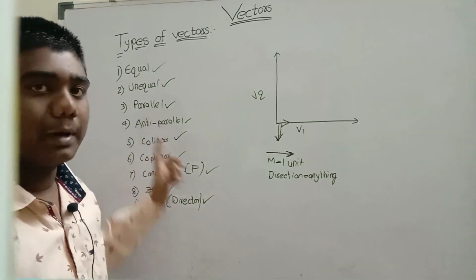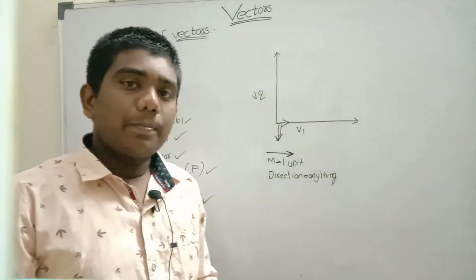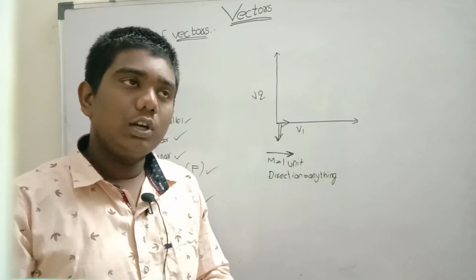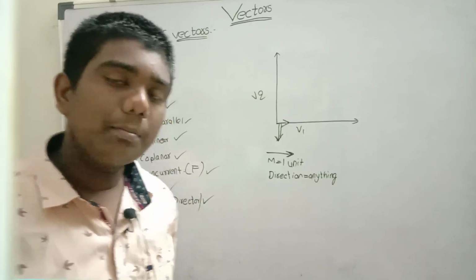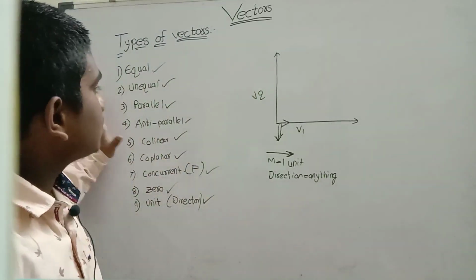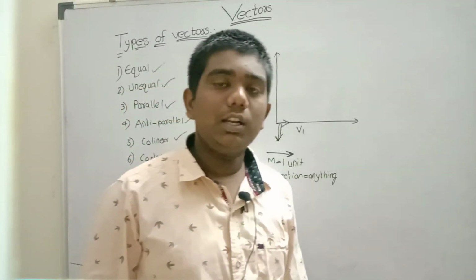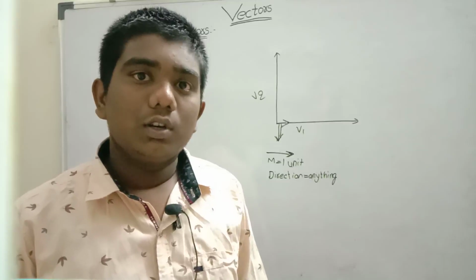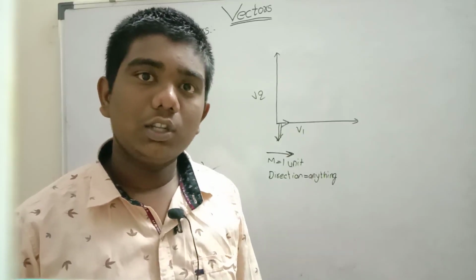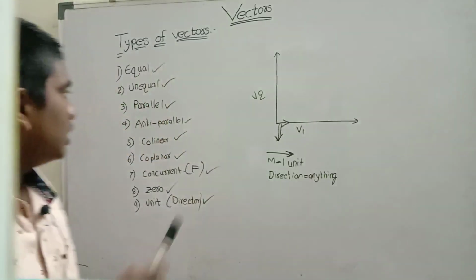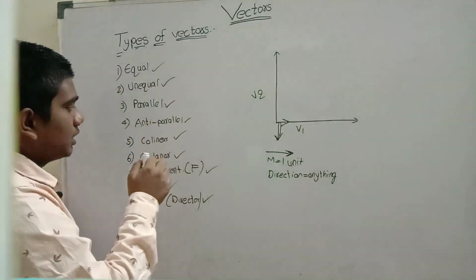Parallel vectors means the angle between them must be 0 and direction must be equal, magnitude doesn't matter. Anti-parallel vectors means the angle between them must be 180 degrees and direction must be opposite to each other, and magnitude doesn't matter here. In both cases magnitude doesn't matter.